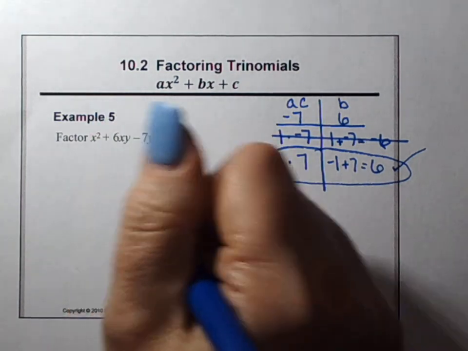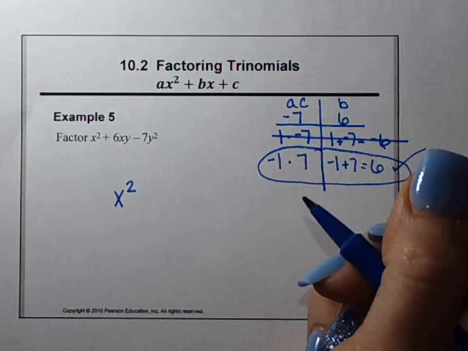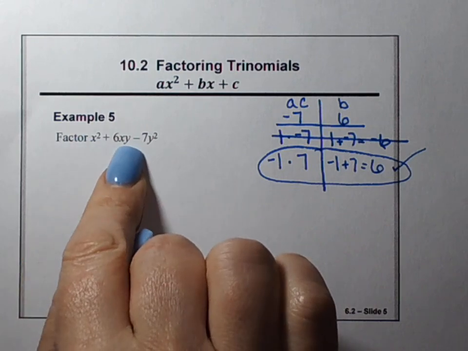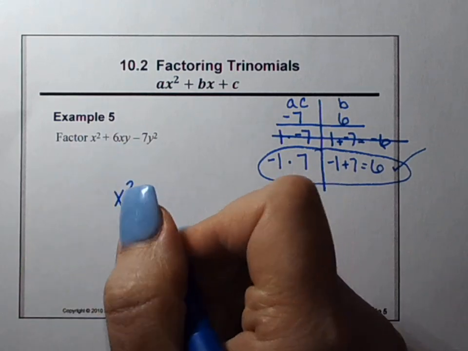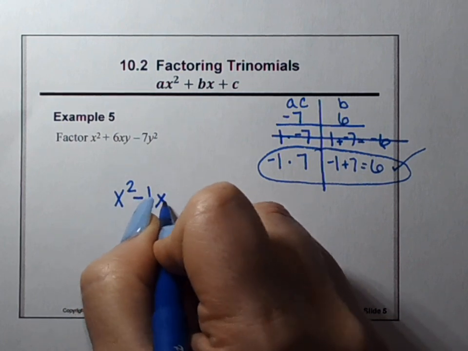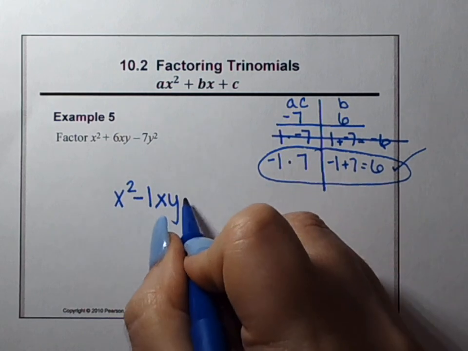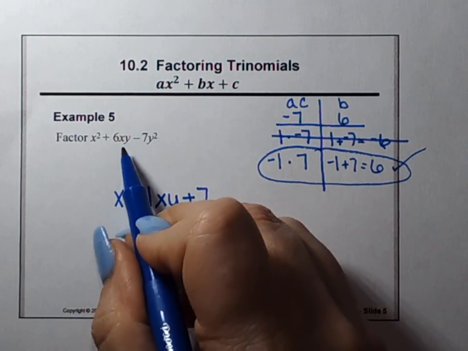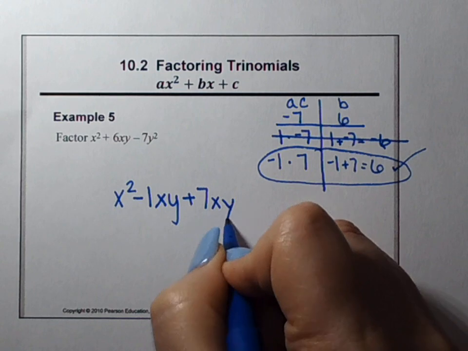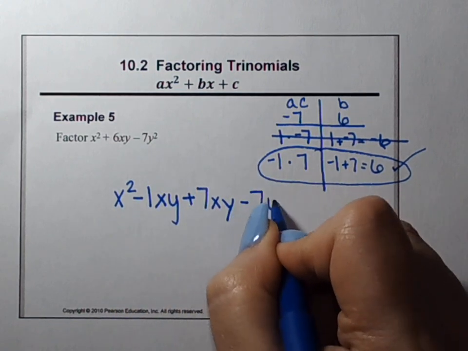So I start with my first term, which is x squared, and then I want to rewrite this middle term, this b term. So I've got a minus 1, and then I put my variables on it just like I did before, and then a positive 7 and include my variables. So that's simple. All right, then I just write my c term.